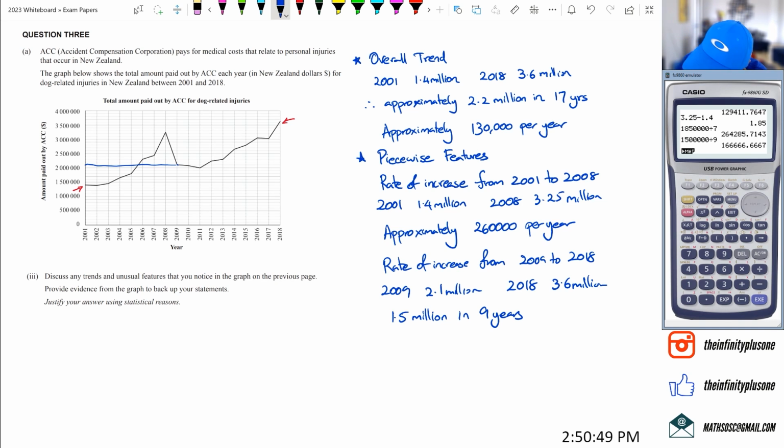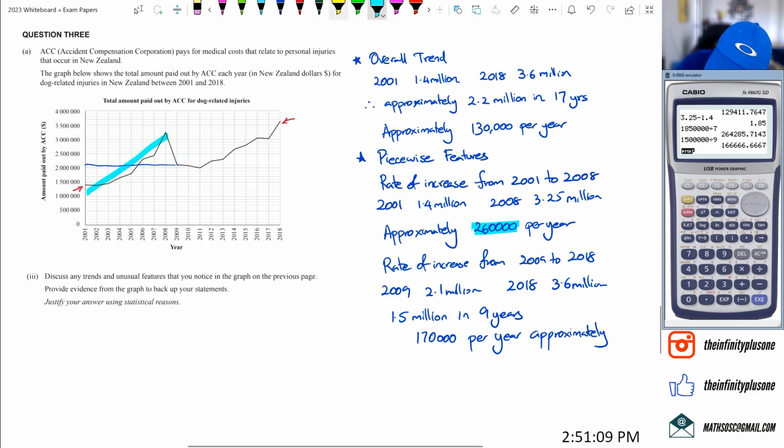That's about 167, so let's go 170,000 per year approximately. So you can see that 260,000 per year is that slope there, and this 170,000 is that slope there. So that's the piecewise function.